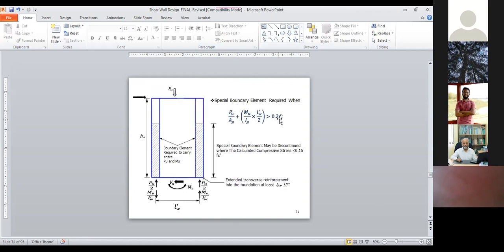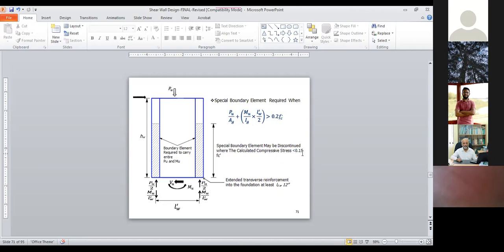This is, I think, earlier: if the stress at the boundary zone becomes more than 0.2 f'c, you need to provide the boundary zones or boundary element.